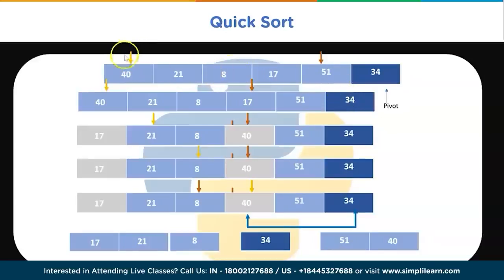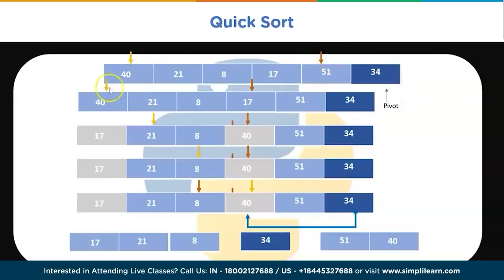Now I will always start its journey from the 0th element, and J will always start its journey from the one element less than the pivot. Now in this example I is already pointing to an element which is greater than 34, but J is pointing to an element which is greater than 34, and it should move towards an element which is less than 34.